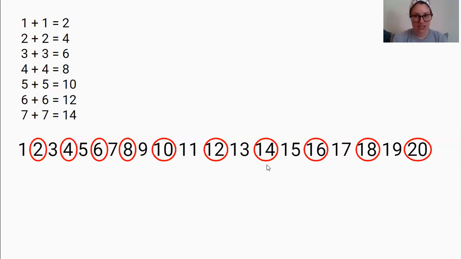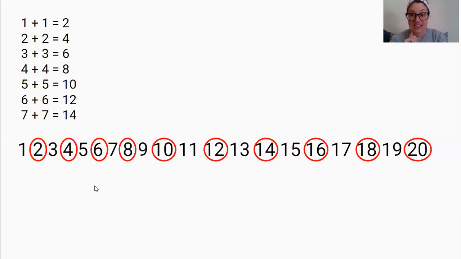What do you notice about that pattern? You're skip counting, right? As you go up, 1, 2, 3, 4, 5, 6, 7, you're skip counting. 2, 4, 6, 8, 10, 12, 14.